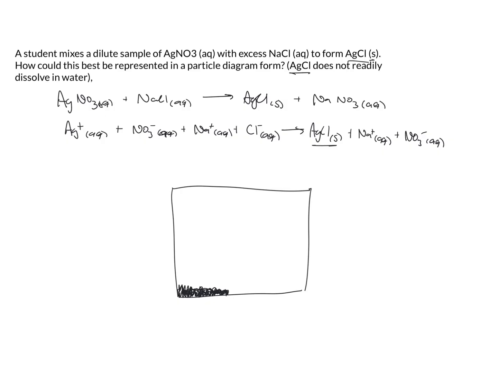And so now I need to think about what I have afterwards as well. I have Na+, and I have NO3-, right? So I should have Na+, it's equal, right? I have 1 mole of each in this case, and so I should have NO3-. Maybe I have, right, 3 of each.